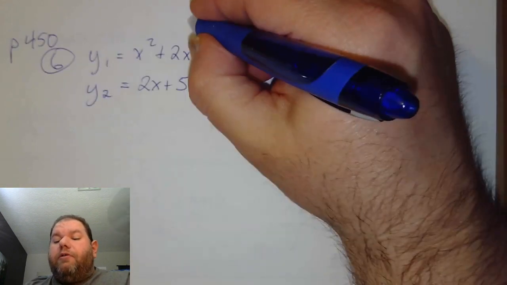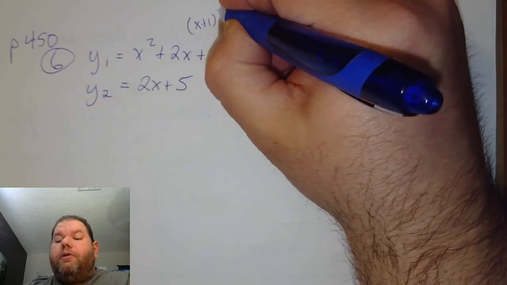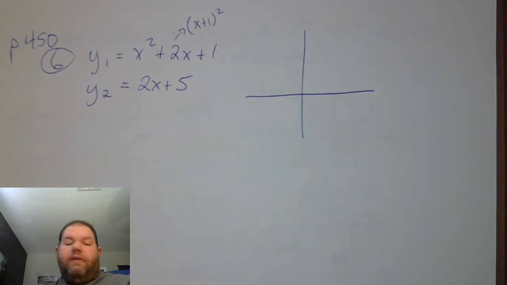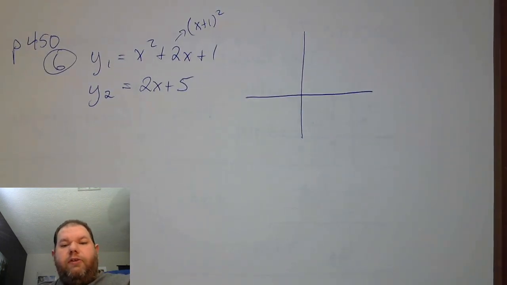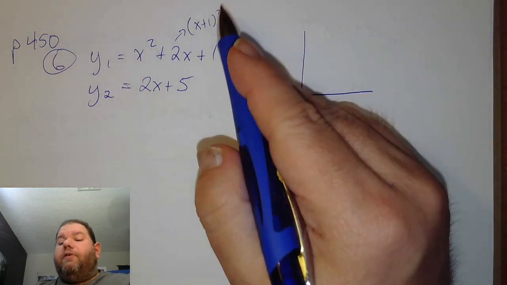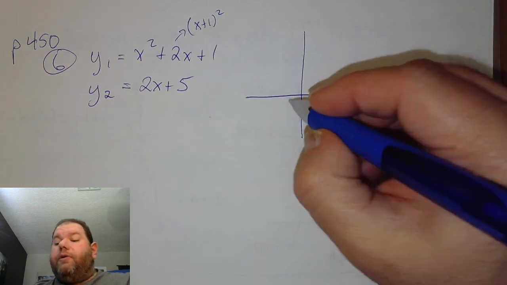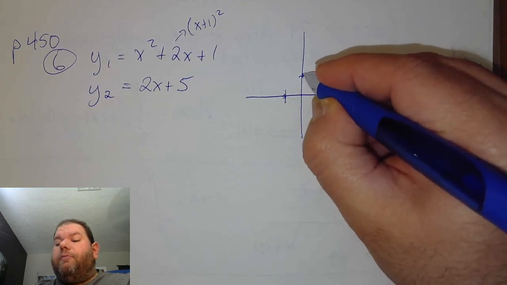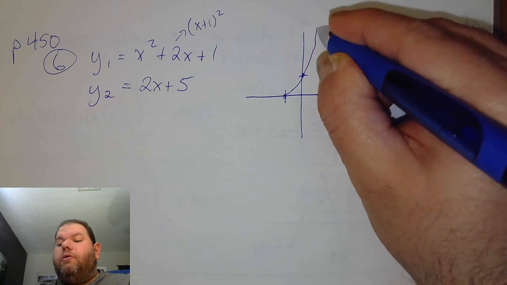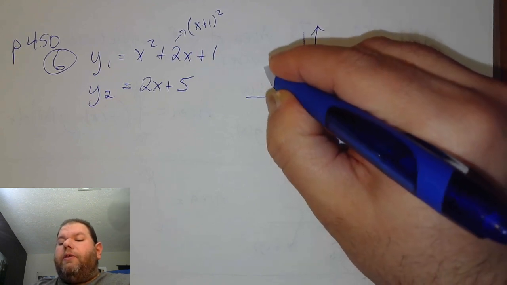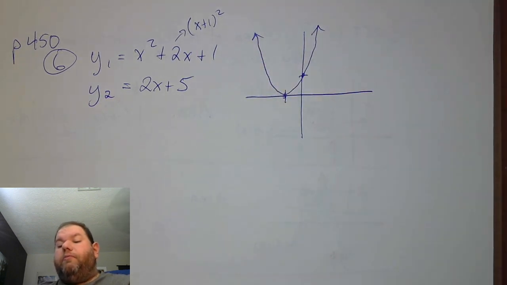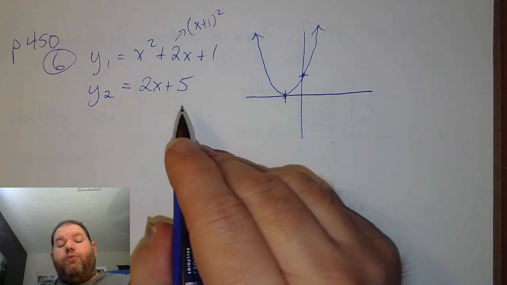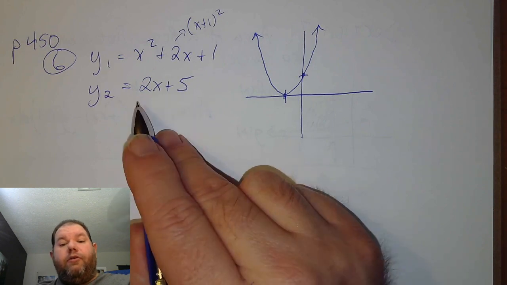But if we happen to notice that the parabola is x plus 1 squared, since that's how x plus 1 squared is multiplied out to x squared plus 2x plus 1, that means that we have a horizontal shift of -1, so the parabola would actually just start right here, y-intercept of 1, so it would look something like this. Now, the line 2x plus 5 has a y-intercept of 5 and a slope of 2.